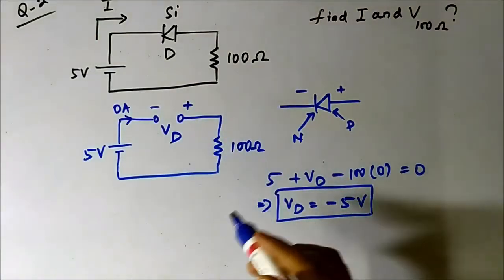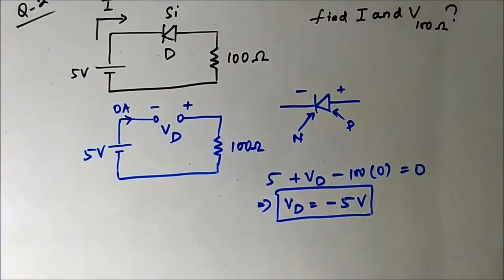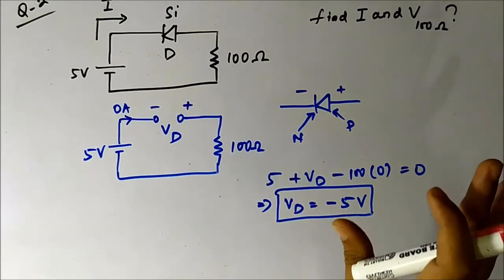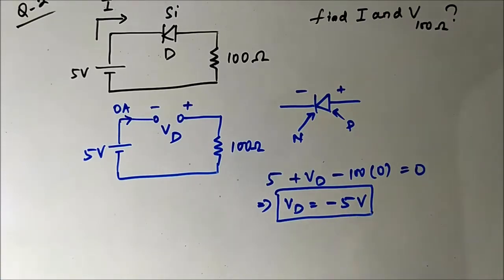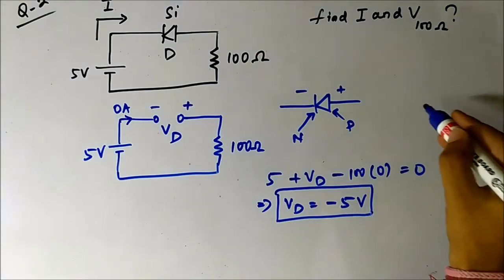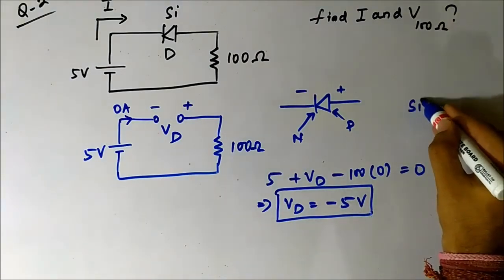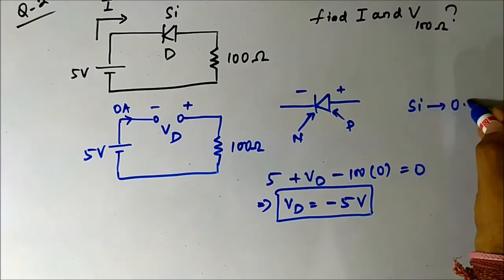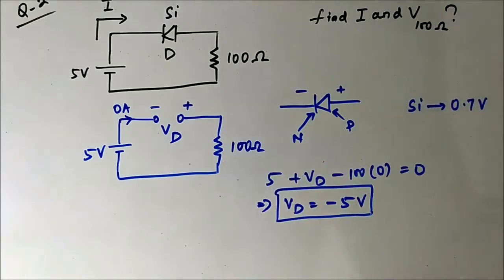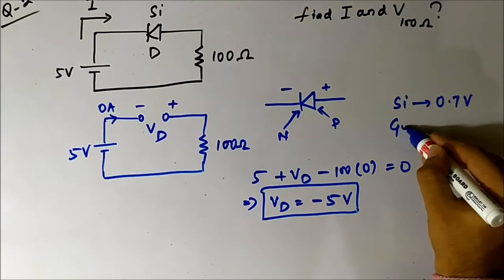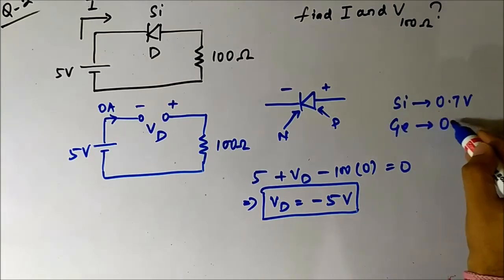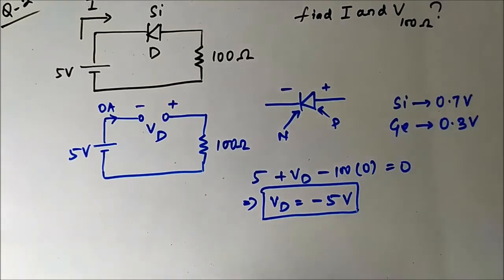Another important thing: the barrier potential, the built-in potential for a silicon diode to be turned on is 0.7 volt. For germanium it's 0.3 volt.